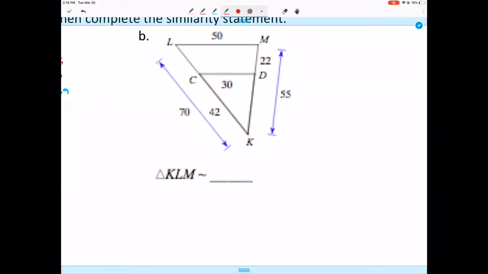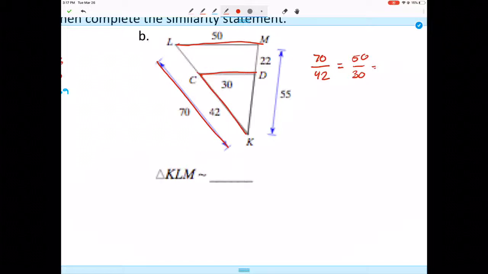Too many sides. For example, this would be our big triangle, which would be 70, and the corresponding side would be 42. And that proportion should be the same for 50 and 30.